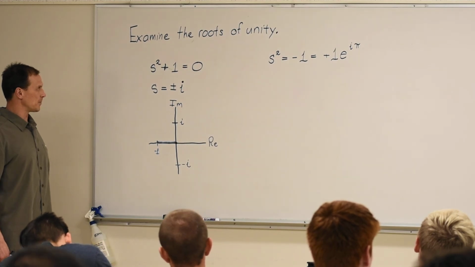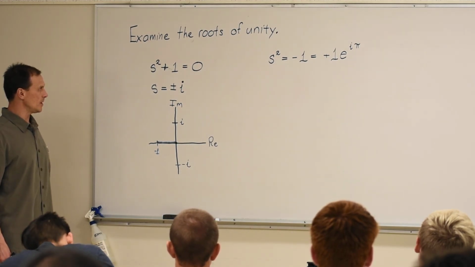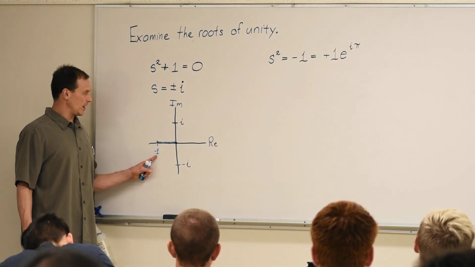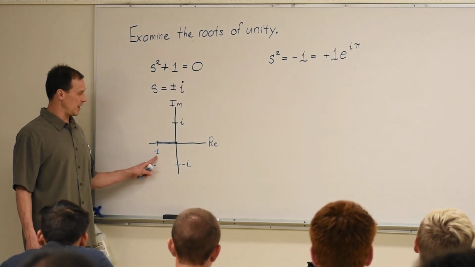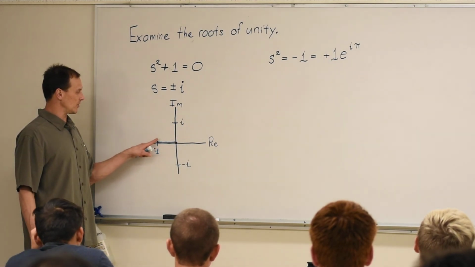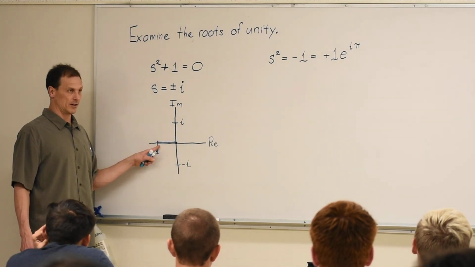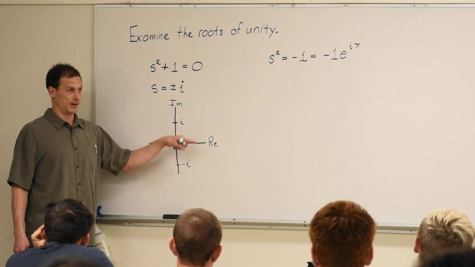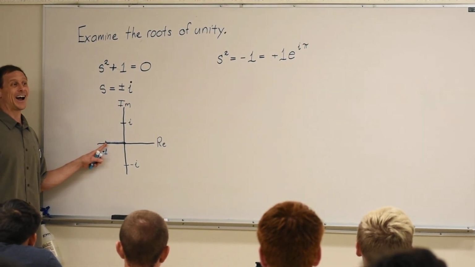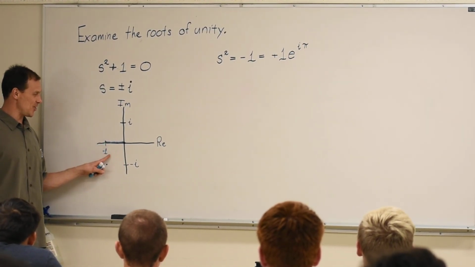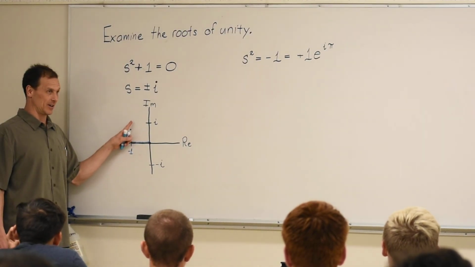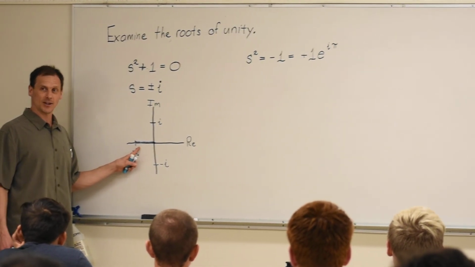But notice this, I could write it as e to the I pi, but I could also not just stop at pi, I could go around another 2 pi, couldn't I? And I'd land right back there again. And I could go another 2 pi and I'd land right back there again. And every time it's negative 1.